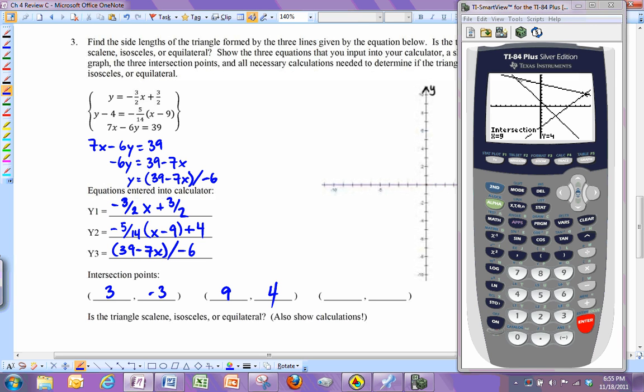Okay, I've got one more intersection point way up here, and you'll notice that when I do second calc intersect for this one, the equations up here block some of it, but it still knows what you're trying to do. I know I need this line and this line. That's not the right line to be on.